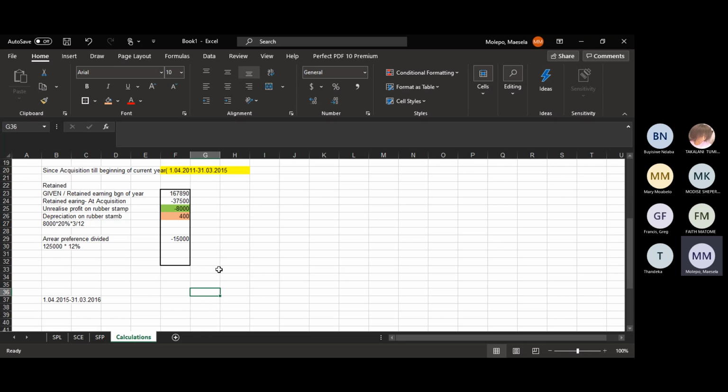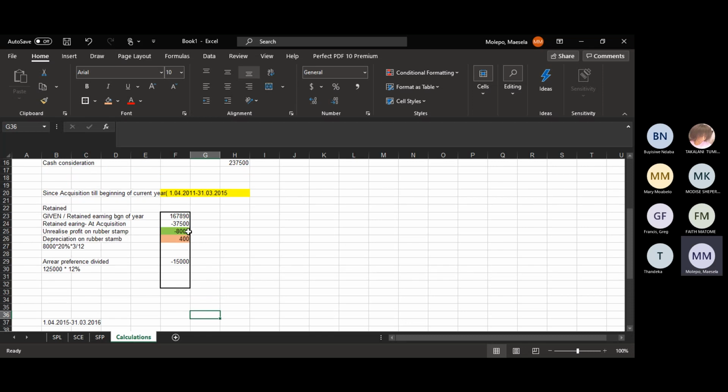Then now we can close our retained earnings to see how much the retained earnings was. So whatever is positive, you add, whatever is negative, you minus it. So let's calculate. 167,890, which is a positive, you less 37,500, because that's the retained earnings at acquisition part.